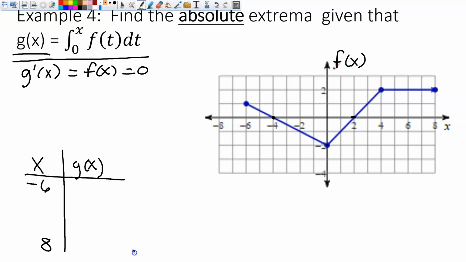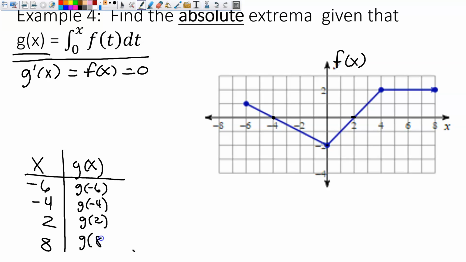The relative extrema are your candidates. They're your critical values. So we have -4 and we have 2. Those are my things. So basically what goes in your candidates test is the endpoints and the places where that integrand function over there touches the x-axis. Okay, so now we need to find out what the y values are for each one of these. And that's where a lot of work is going to come into play.